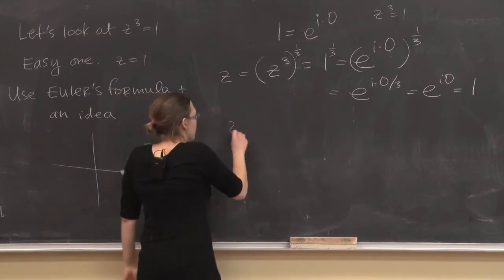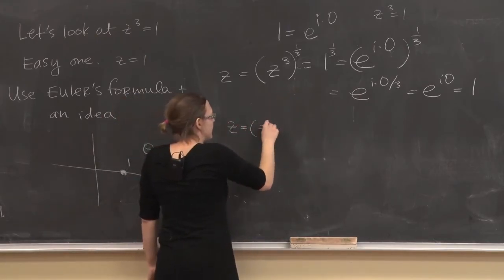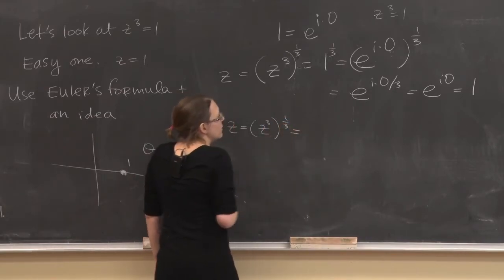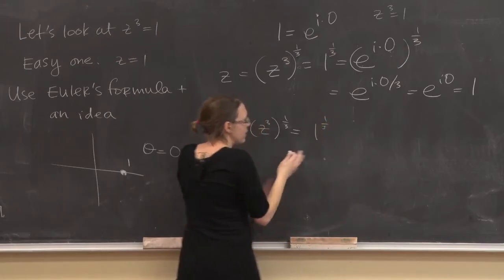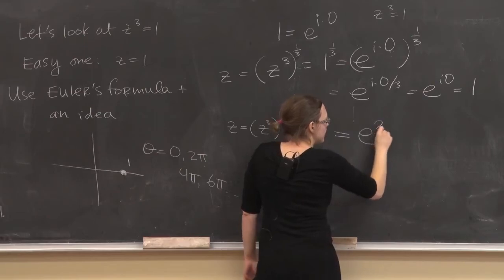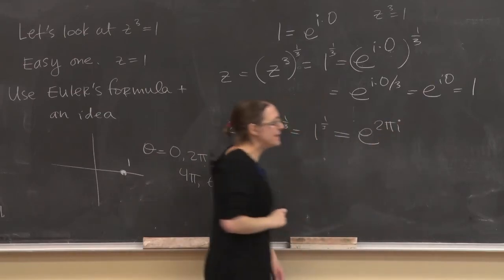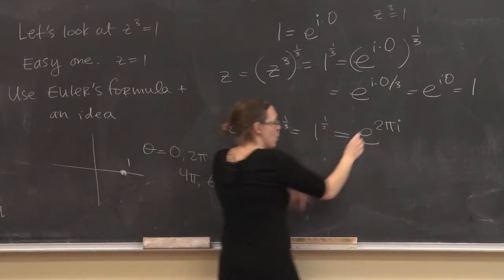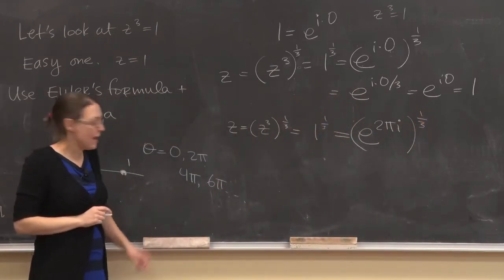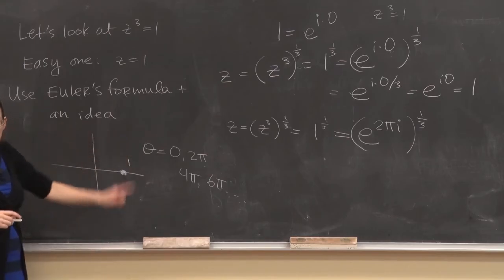So z cubed to the 1/3 is 1 to the 1/3, okay, duh. But the way I think of 1 now is I'm going to write e to the 2 pi i, which is still 1, to the 1/3. I have many ways to write 1.